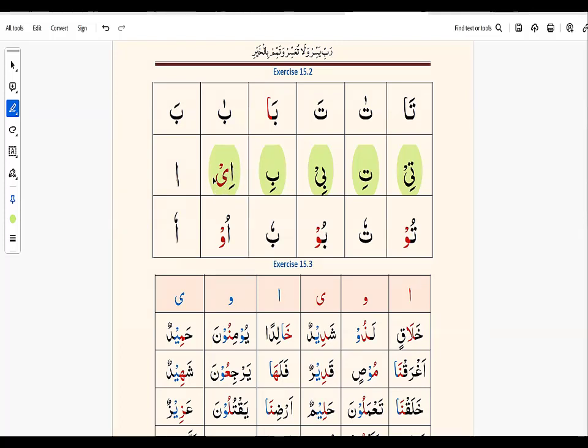And then we have ya with sakin, meaning it is Ya Madhiya. So do you want to have a go at reading this? E. Well done, mashallah. So this should be prolonged for 2 seconds, as done very well. And then lastly, can you please finish us off with this exercise with this letter?